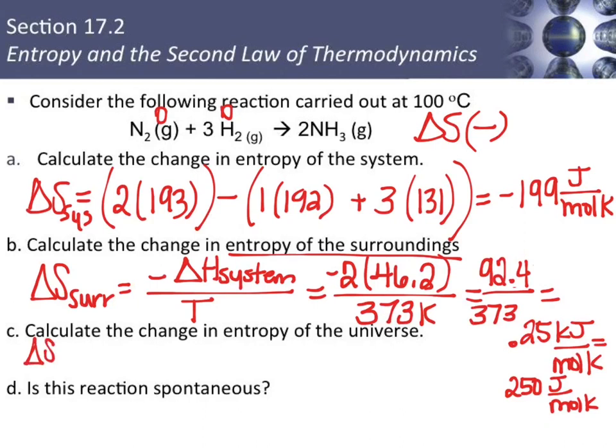So delta S of the universe is the system, which is negative 199, plus the surroundings, 250, and that gives me 51 joules per mole.